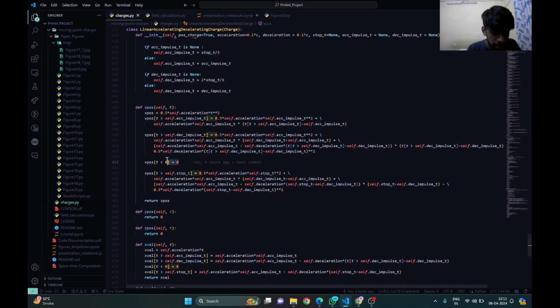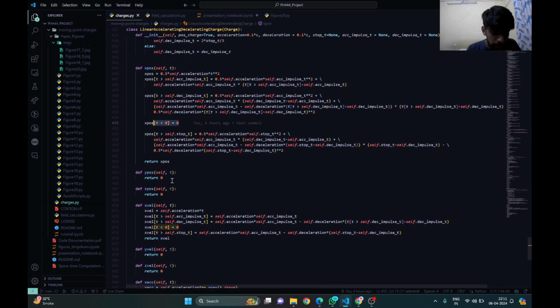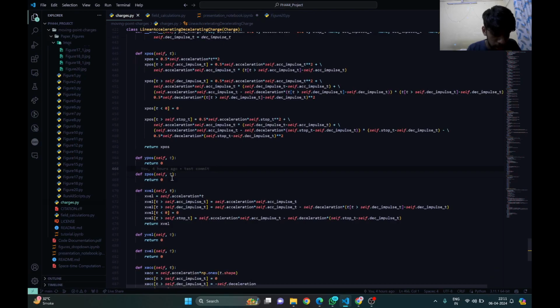This is telling that the charge is at position 0 for t less than 0. Similarly, I have to define the y position and z position.